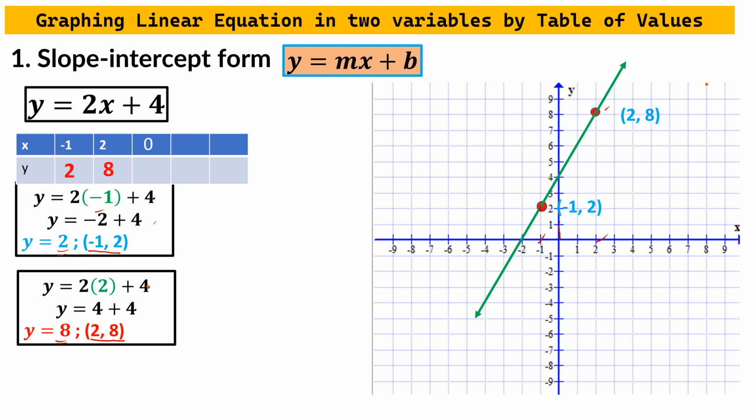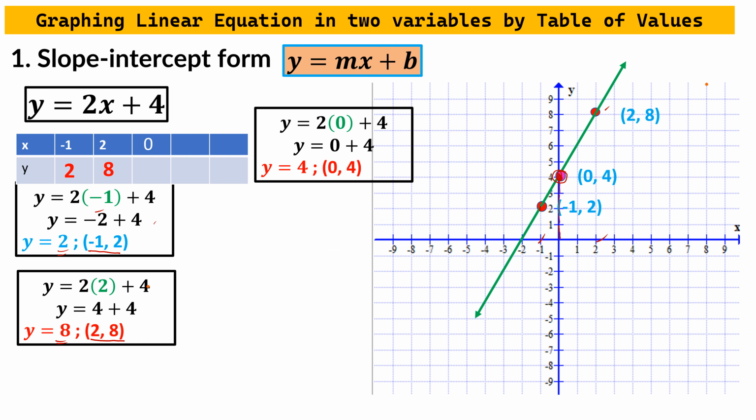If you will try to trace it, remember that a point that lies on this line, if x will be 0, is in this particular point of the y-axis. So therefore, if that's the case, is it really 0, 4 as an ordered pair? Let us try to check using the equation. Okay, if x will be 0, then our y is equal to 4. So therefore, it's on the line. It is still on the line.